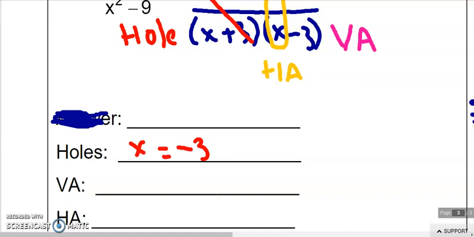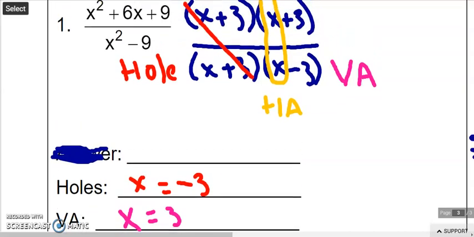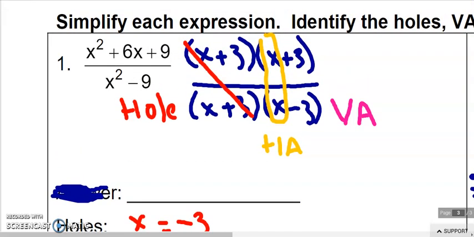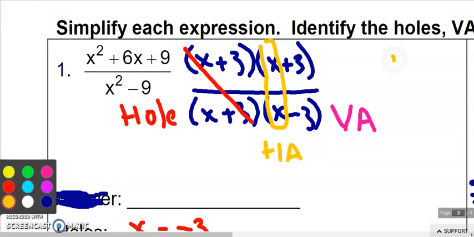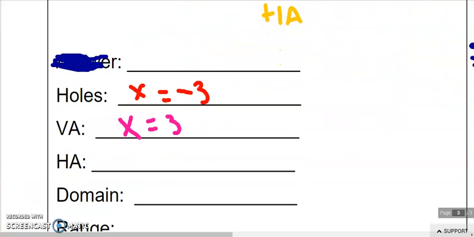So if I see an x minus 3, I know I need a positive 3 to bring that to 0. And then we said to find our horizontal asymptote, we're going to reduce our isolated fraction. So if I see 1x on top and 1x on bottom, 1 divided by itself equals 1. So this will be y equals 1.